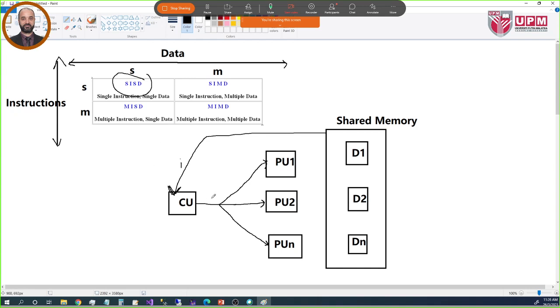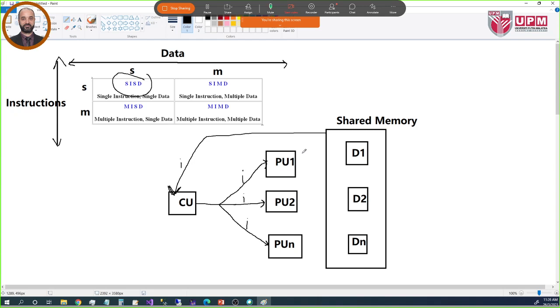Then it will be passed to the processing units. In this case, the same instruction is going to be passed to multiple processing units. So we still have one single instruction at a time, even though we have more than one processor.